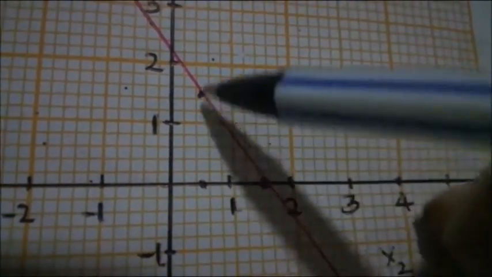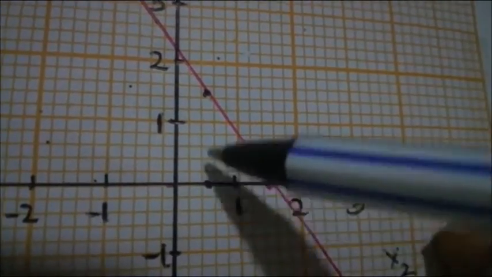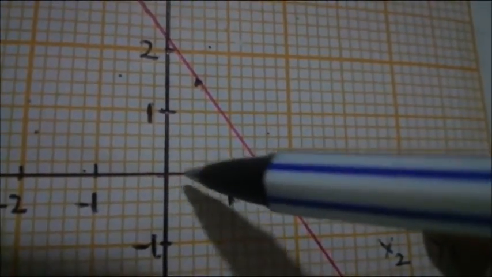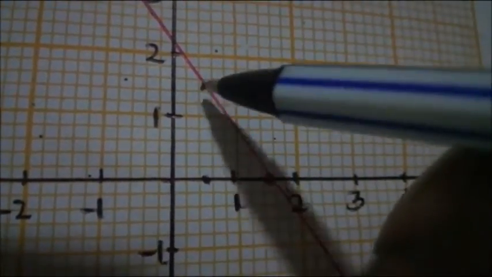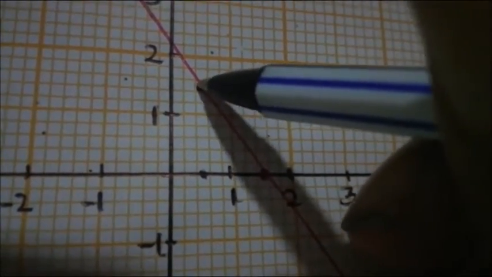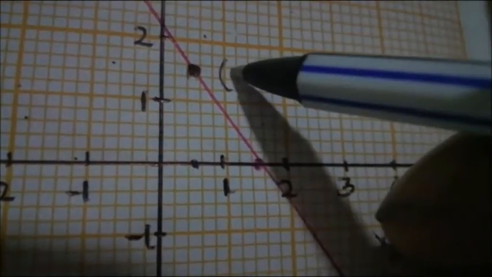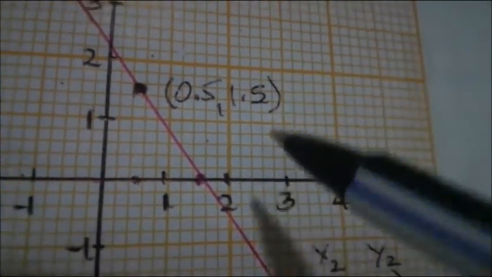This is 1.5. So when you move 0.5x to 1.5y, it will carry the point here. So in actual fact, this is going to be the midpoint. 0.5 to 1.5. That will actually be your midpoint.